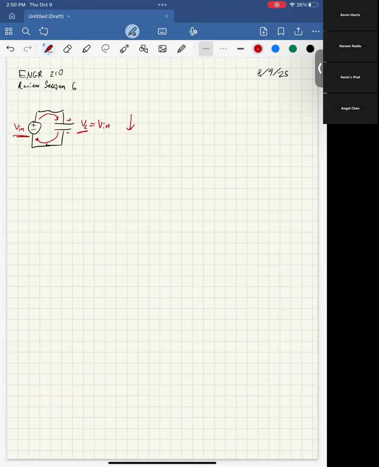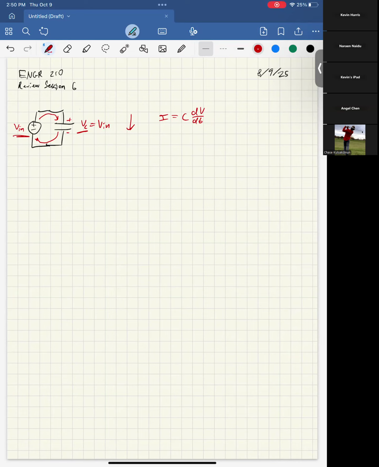This is described explicitly as the current of the capacitor being equal to the capacitance times the derivative of the voltage, I believe. Let me make sure I'm right about that. I think that's it: I equals C dV/dt.